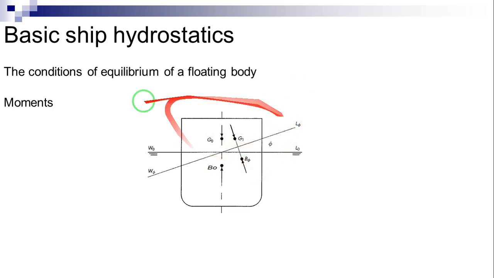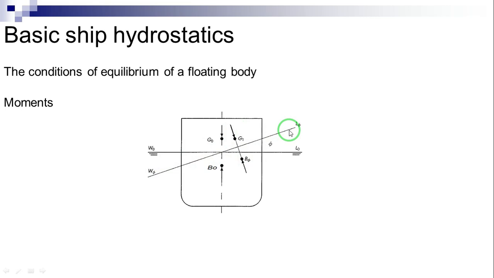We assume now that the center of gravity moves to a new position, G1. The floating body rotates in the same direction by an angle phi until it reaches a position of equilibrium in which the new waterline is W phi, L phi. The new center of buoyancy is B phi. The line connecting G1 and B phi is vertical, that is perpendicular to the waterline W phi, L phi.